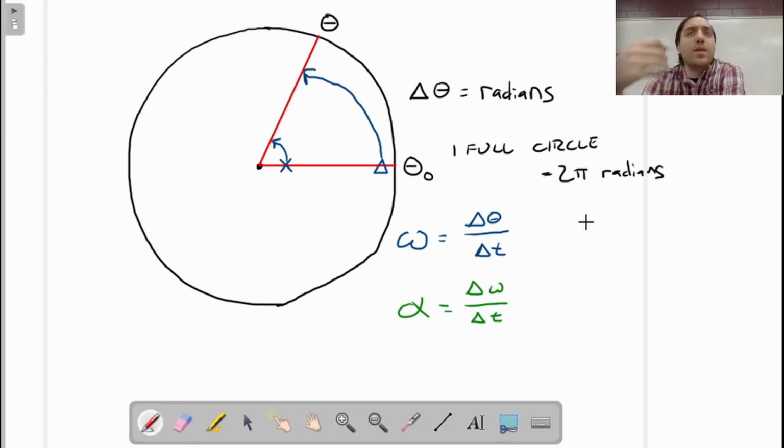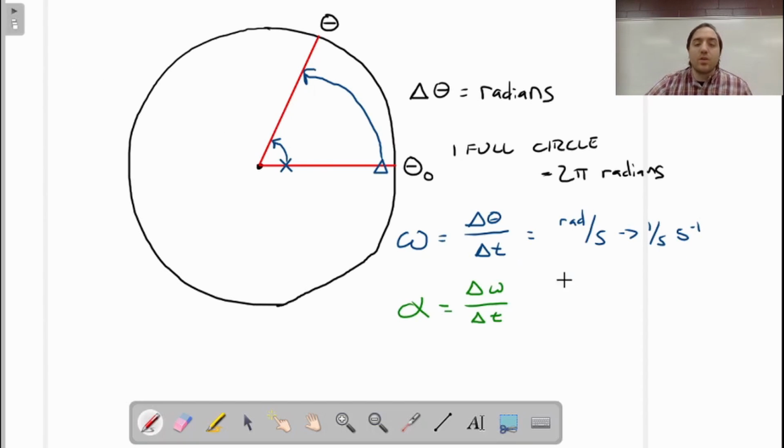This is a convenient tool that we'll talk about later, but effectively, there is no unit for how much of a circle you've gone through. It's just a number. Every 2 pi of them, every 6.28 and change, is a full revolution, which means that my omega, my angular velocity, is going to be in radians per second, which strictly means that the unit here is 1 over seconds, or seconds to the minus 1.